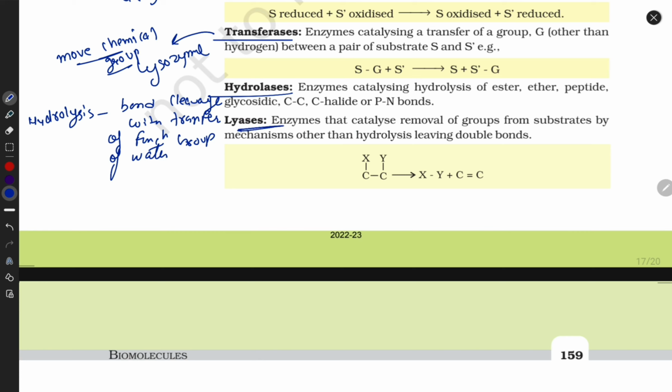That's it. What is lyase, according to its name? Lyase, not ligase, lyase. They break bonds. Hydrolases break hydrolytic bonds, and lyases are non-hydrolytic, guys. Example is fumarase. Now next is isomerase.